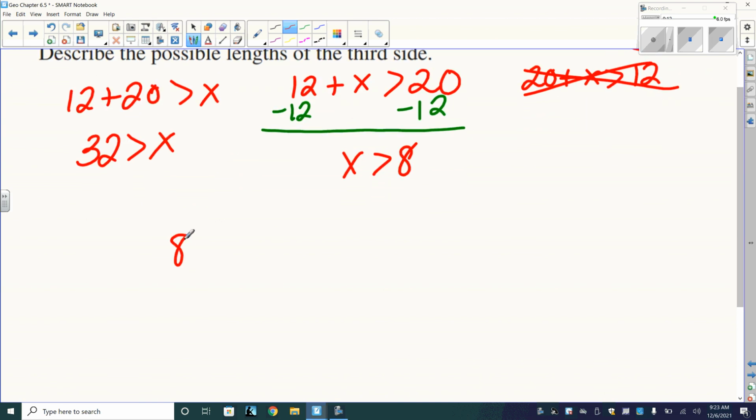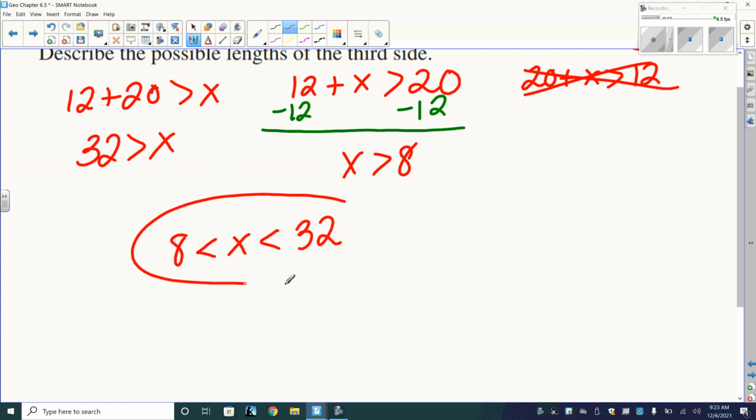So combining these two, we can say 8 is less than x is less than 32. So x needs to be between 8 and 32. It can't be equal to 8 or equal to 32. Because if it works out that it was equal to one of these, it would actually just make a straight line. It wouldn't actually make a triangle.